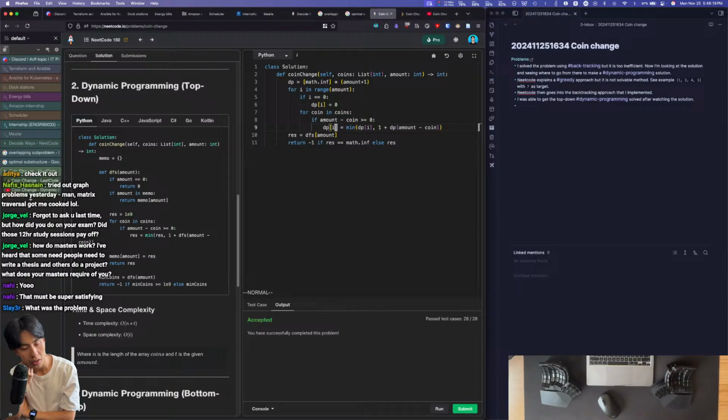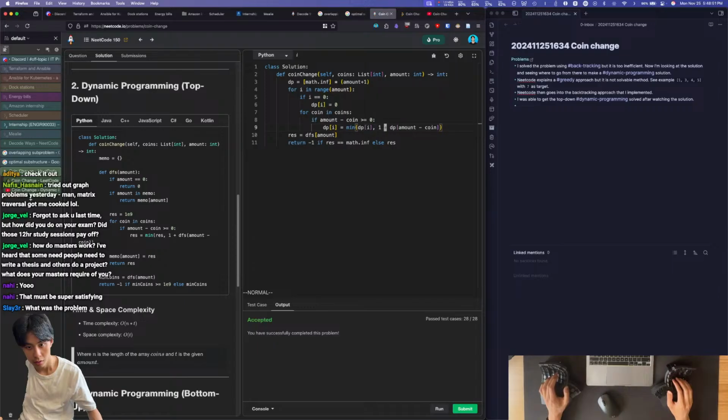Then the dp of 1 is equal to the min of math infinity and 1 plus dp amount minus coin. We're just going to take the previous. You're going to take the previous. I break braces 1 minus, so I minus 1.